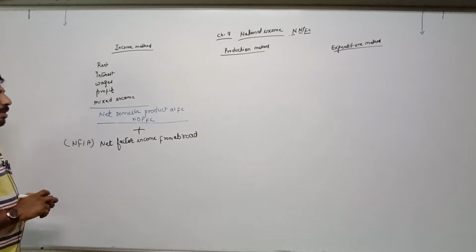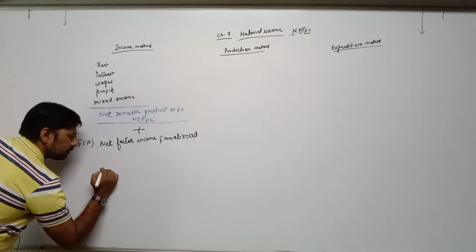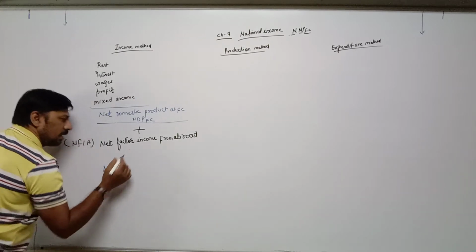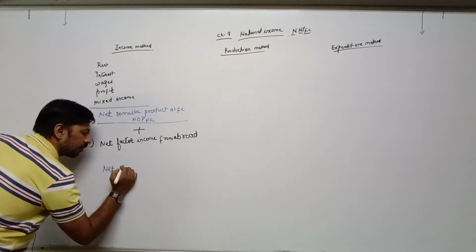After adding net factor income from abroad, domestic product is converted into national product.